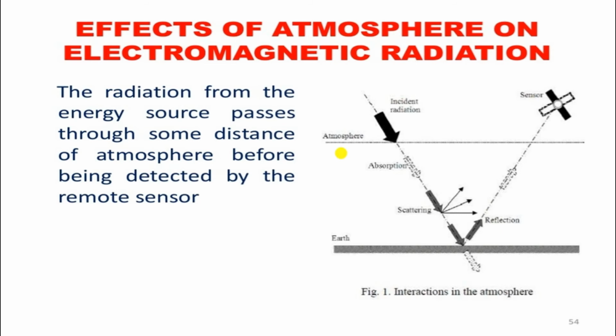The effect of the atmosphere on the electromagnetic spectrum. How does our atmosphere affect the electromagnetic spectrum? The radiation from the energy source passes through some distance of atmosphere before being detected by the remote sensor.